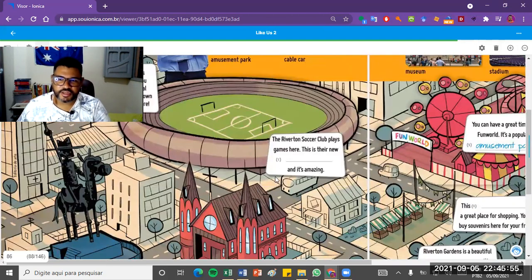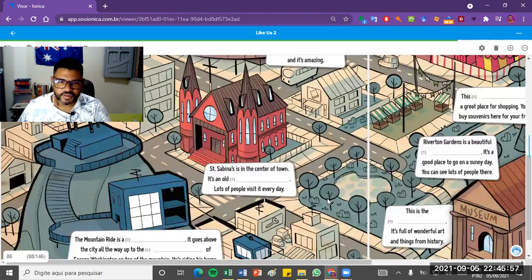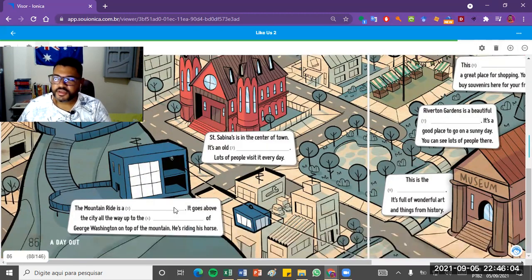Number 1, put stadium here. Number 2, please, cathedral. Number 3, cable car. Number 4, statue.